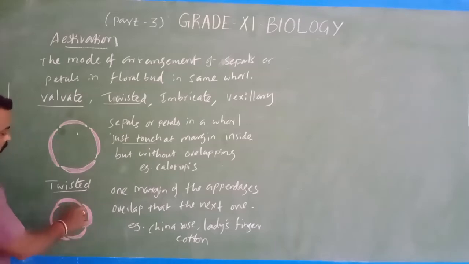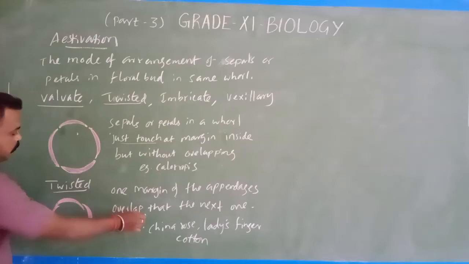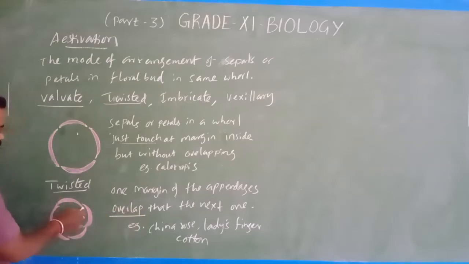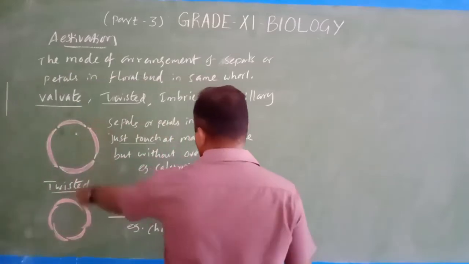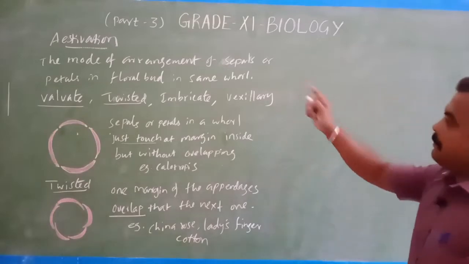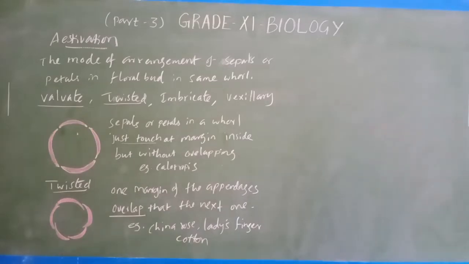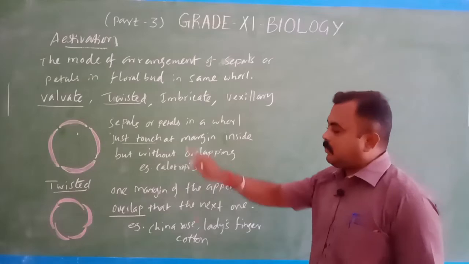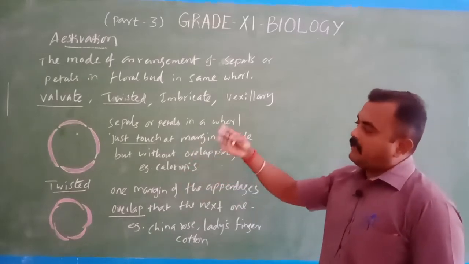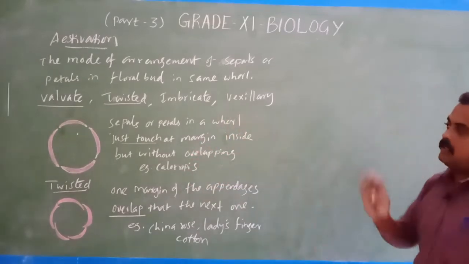One margin of the appendage overlaps the next one, so the next one is overlapped, but here it is not overlapped. This is the arrangement of sepals or petals in the same whorl. This is one layer; in one layer, whether it is sepals or petals, this is how it is arranged.